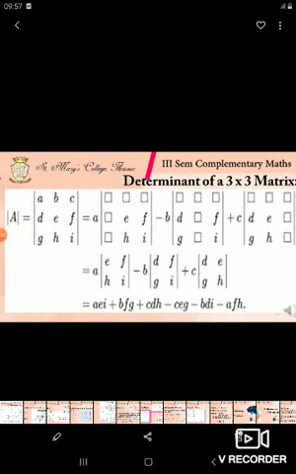Okay, then we will do some mathematical manipulation and we will get the determinant of a 3 by 3 matrix.